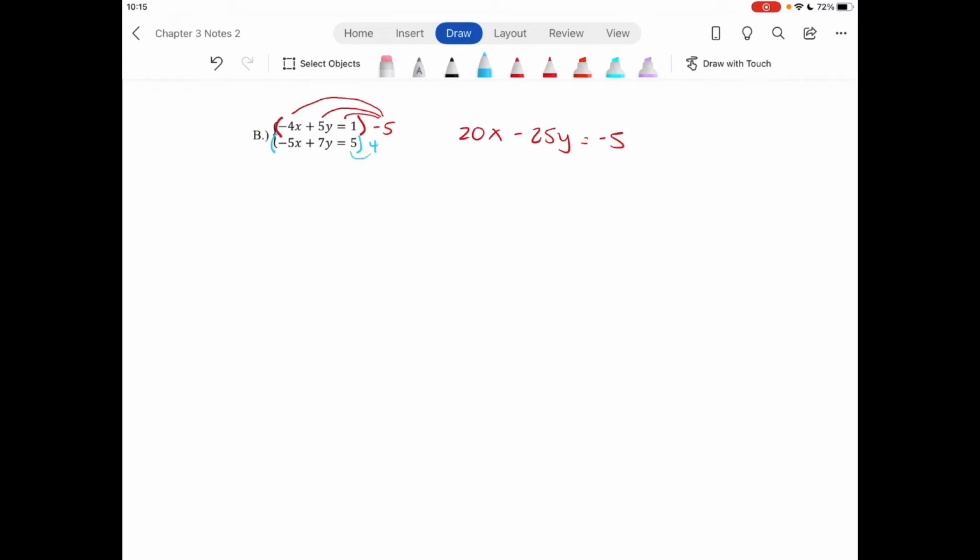We'll also distribute the 4 to all three terms to get negative 20x plus 28y equals positive 20. Now from here, we are ready to cancel out our x terms and solve for y. This is getting us ready for step number 3, so finding the first variable. Go ahead, pause the video, and finish the rest of this elimination problem.